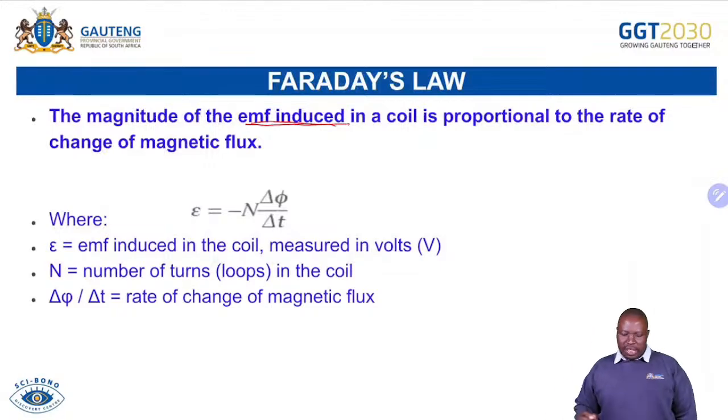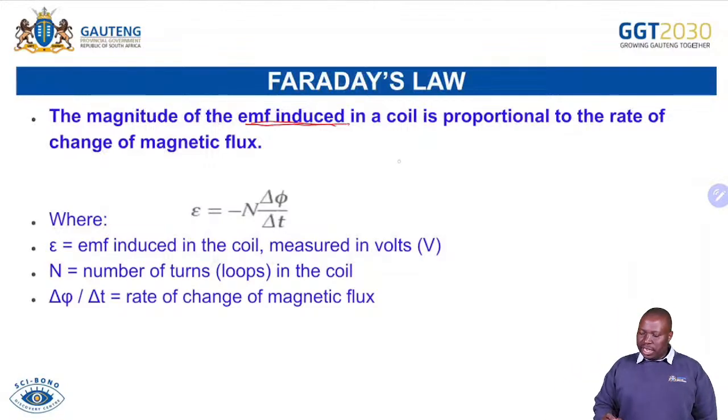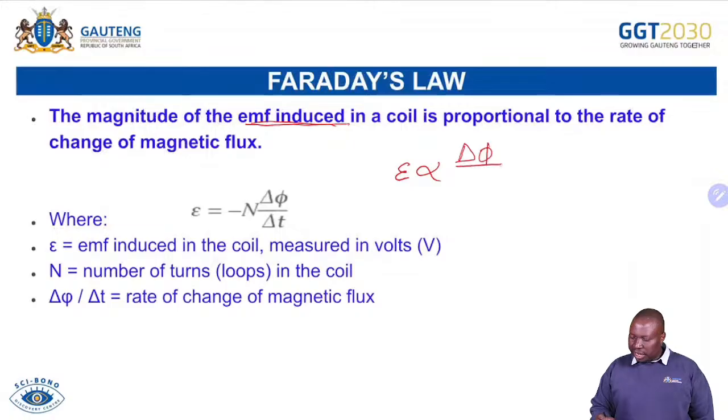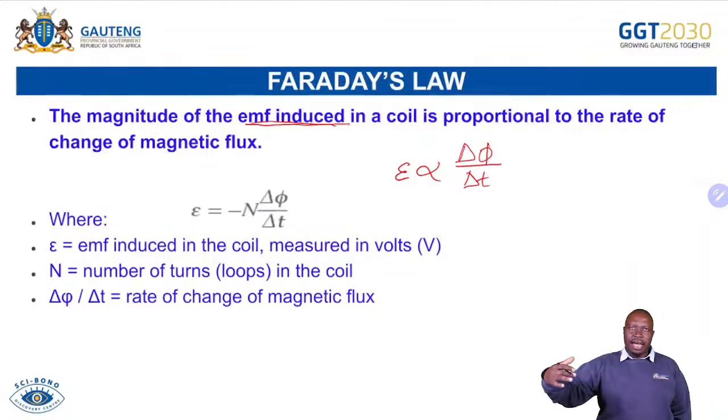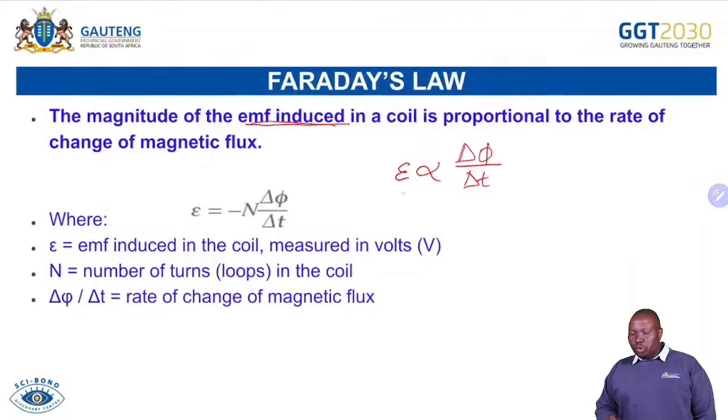When you remove the number of turns there, you can say the induced EMF is directly proportional to the rate. Remember, rate means per unit time. So the induced EMF is directly proportional to the rate of change in magnetic flux.